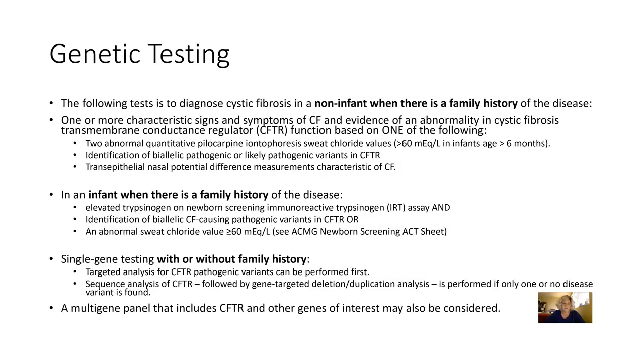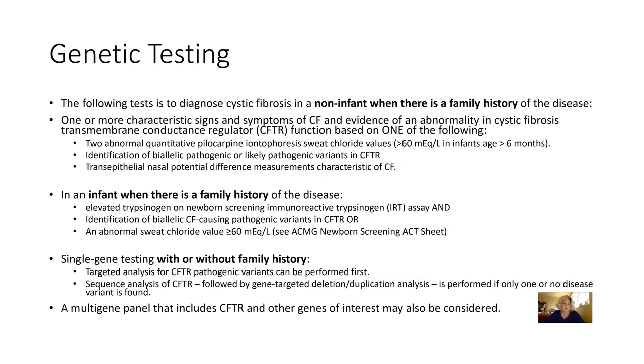In an infant when there is a family history of disease, at that point you could cut straight to the chase. You need to test for elevated trypsinogen on newborn screening, the immunoreactive trypsinogen assay, the IRT test, and you need to have an identification of biallelic CF-causing pathogenic variants in CFTR or an abnormal sweat chloride value.